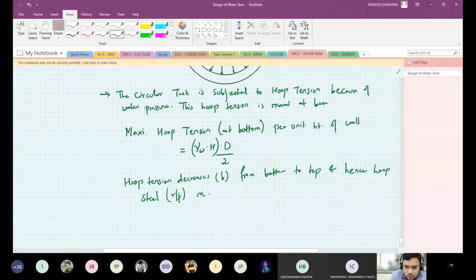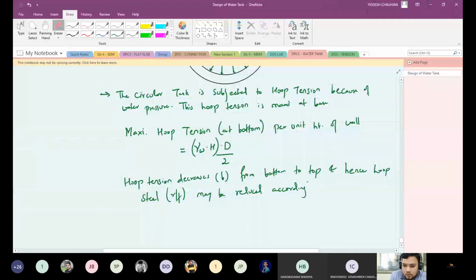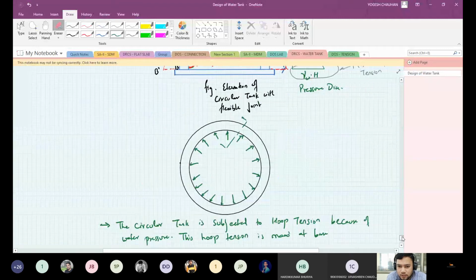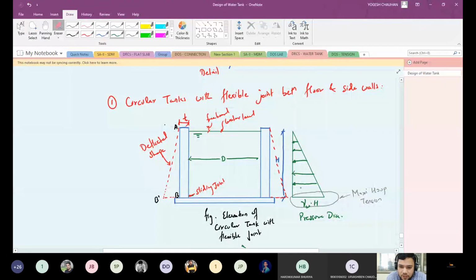Means you can reduce the steel as we move up.